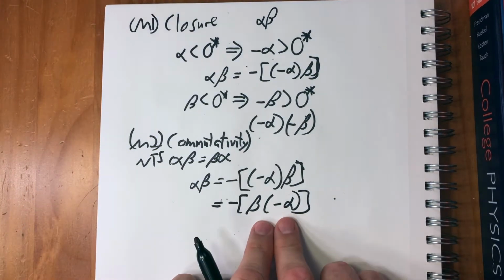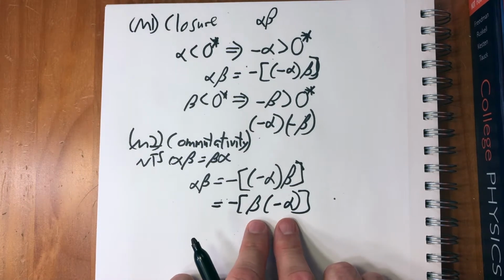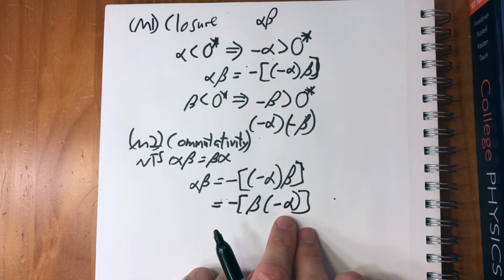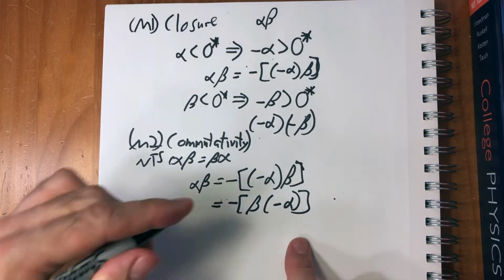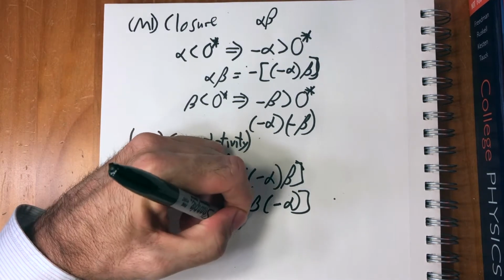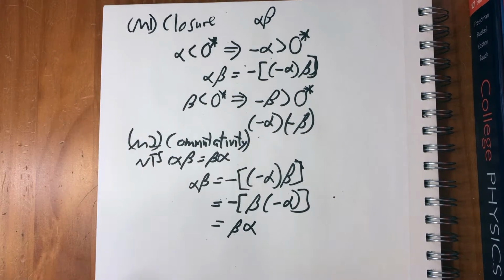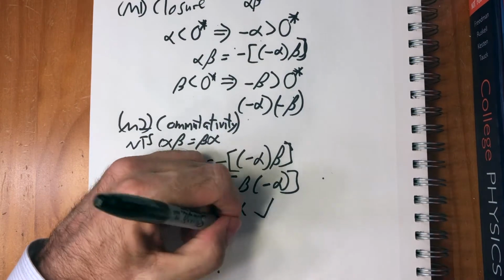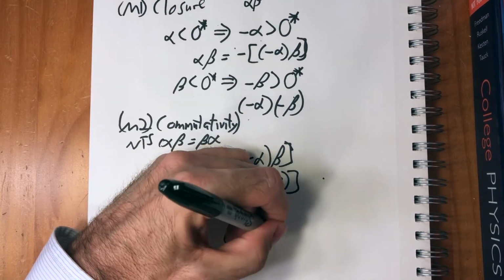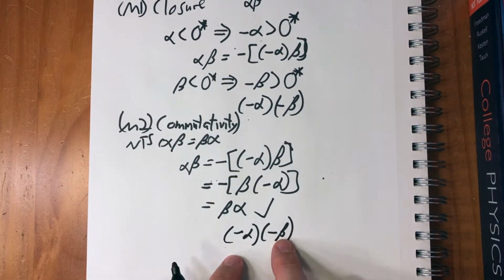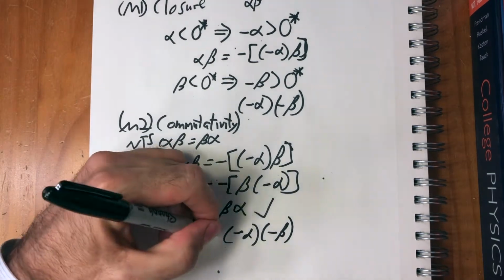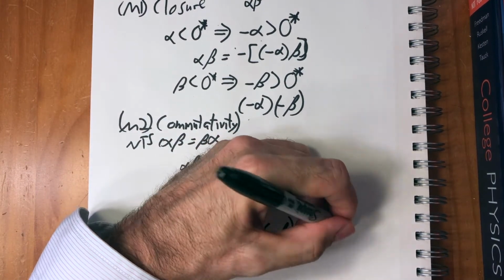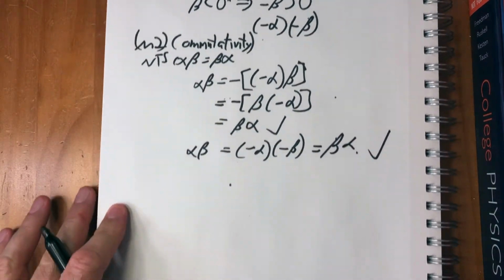And that's the definition of multiplication when the second multiplicand is negative. So that just equals beta alpha. That's it. And if they're both negative, then it's just minus alpha times minus beta. Those are both positive, so you can rearrange them, obviously, and then you get beta alpha. So that's also easy.